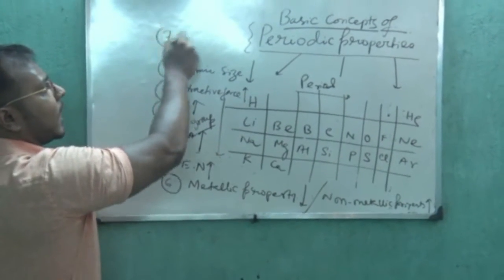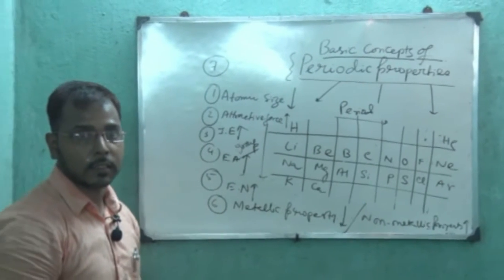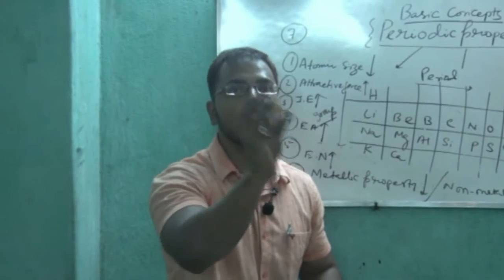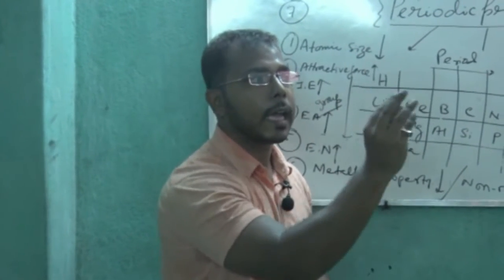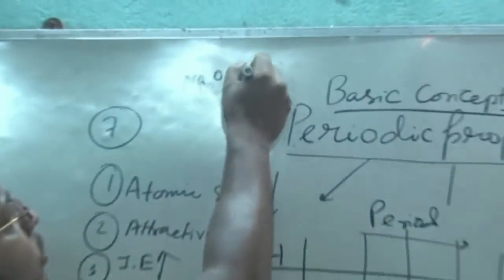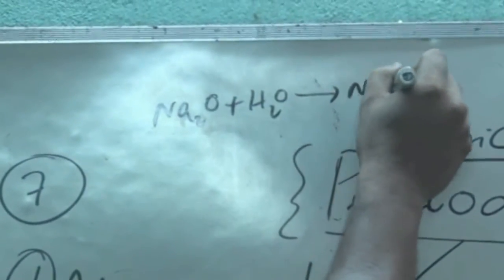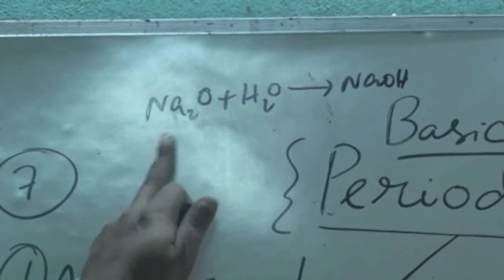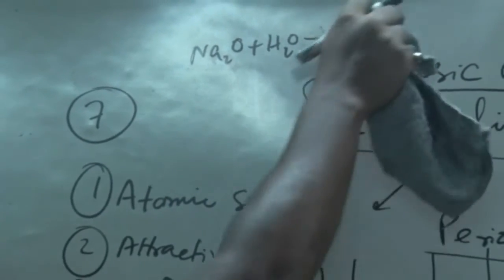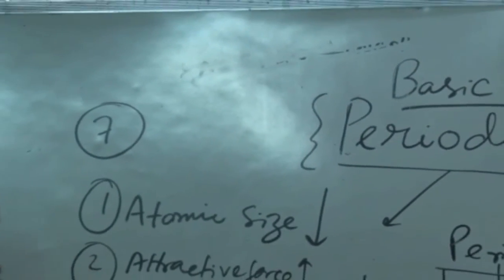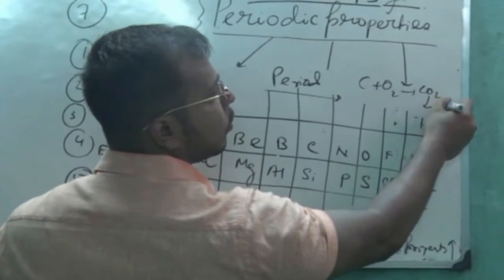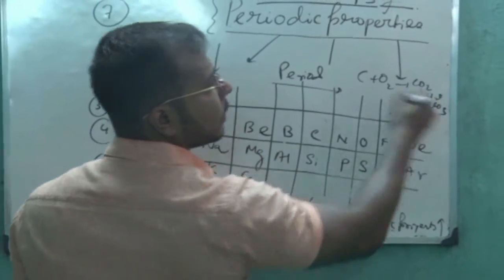We know metallic oxides are basic in nature. Suppose you have taken sodium. Sodium plus O2, what will form? Na2O. Na2O plus H2O, what will form? NaOH. So metallic oxides are able to form bases, so metallic oxides are basic. And if you take carbon, CO2 plus H2O, what will form? Carbonic acid.